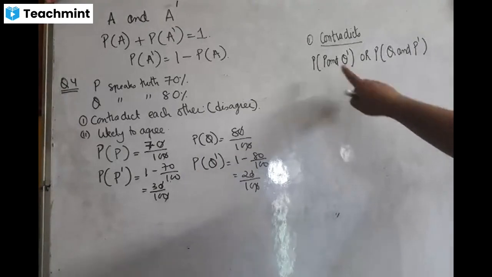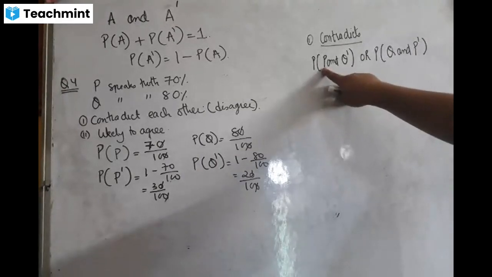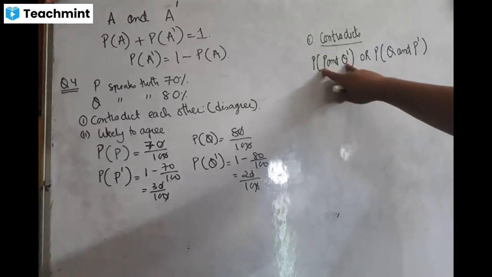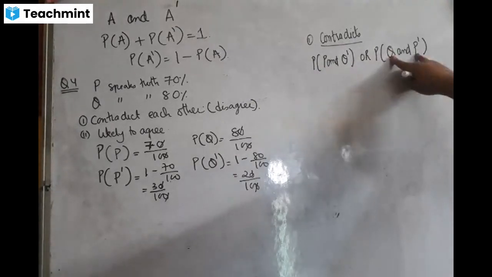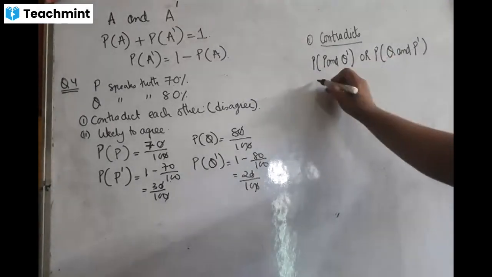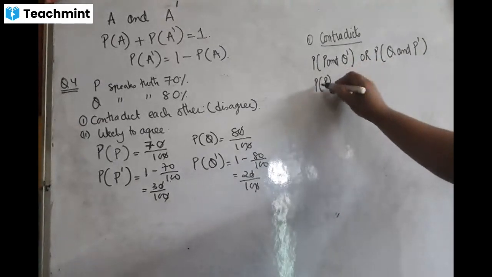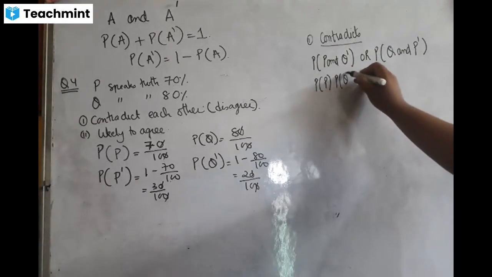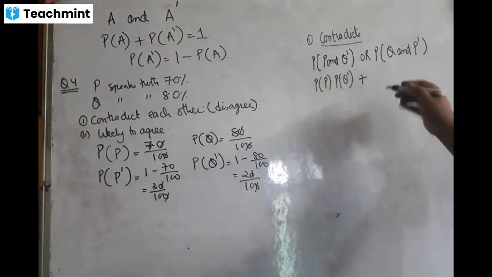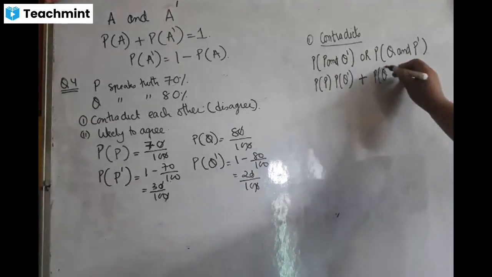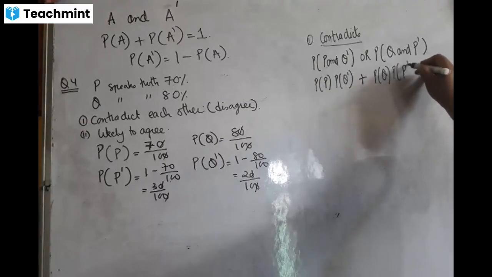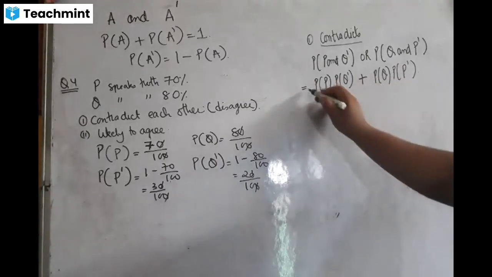Since there are two people, either P will speak truth, then Q has to lie, or Q speaks truth, then P has to lie. So you know the meaning of and, intersection. Intersection means multiplication. So probability of P into probability of Q dash, or means plus probability of Q into probability of P dash, because these are independent events.